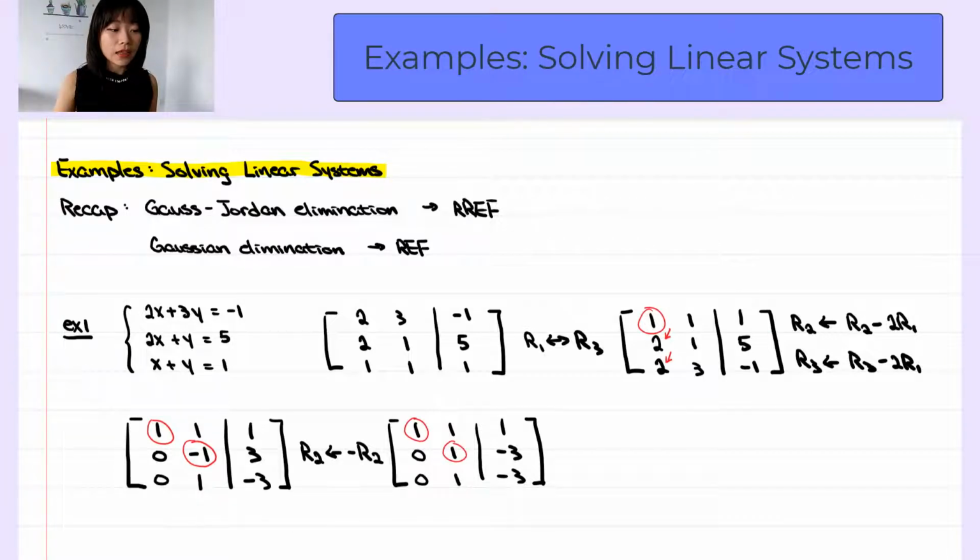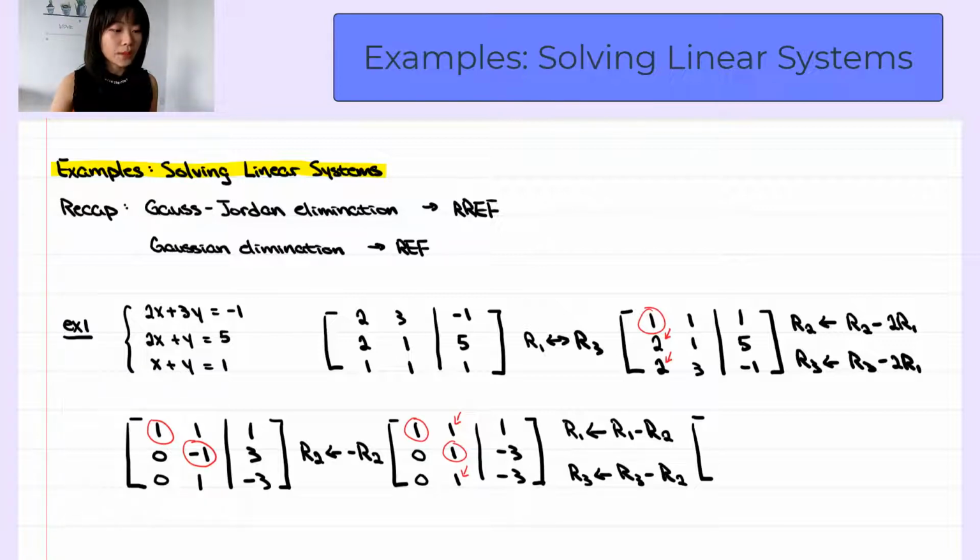But in the second column, we want to make the other entries other than the pivot to be 0. So we want to eliminate this 1 and this 1. Then we can do row 1 becomes row 1 minus row 2, and row 3 becomes row 3 minus row 2.